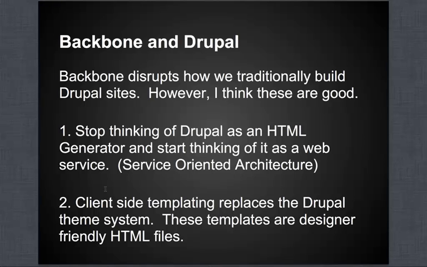That's all happening on the client, and so it forces me to stop thinking about my server as just something that generates HTML, and I start thinking about service-oriented architecture, which is very powerful because that means we can put any client that we want in front of our data source. It could be an Android application, it could be a TV, an iPhone or iPod app. We could share that data with another site.